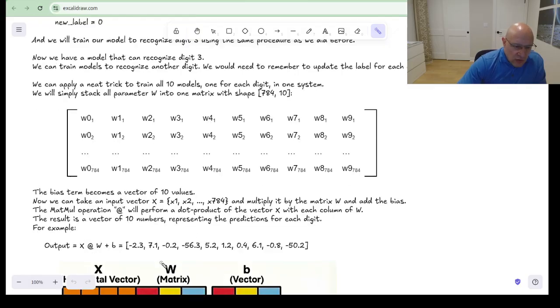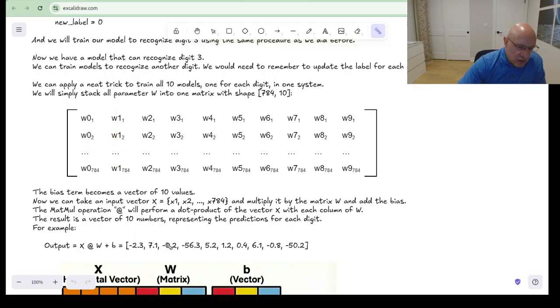So if I perform this operation, I'm taking an input vector of 784 elements, and I take this weight matrix plus the 10 elements of bias, and I get 10 results. The first result is the prediction of the 0 column, the second result is the prediction of the 1 column.